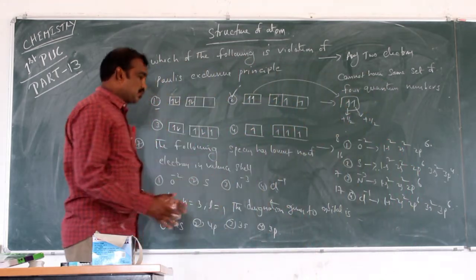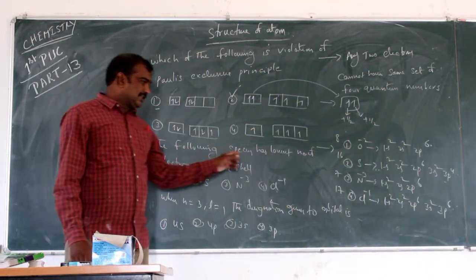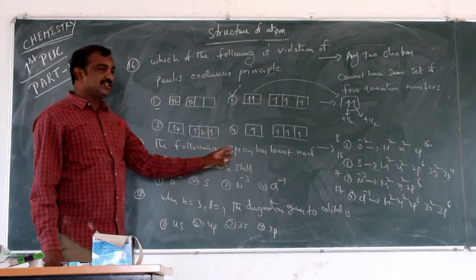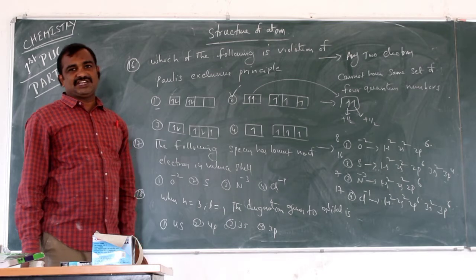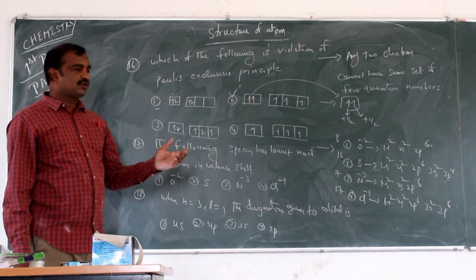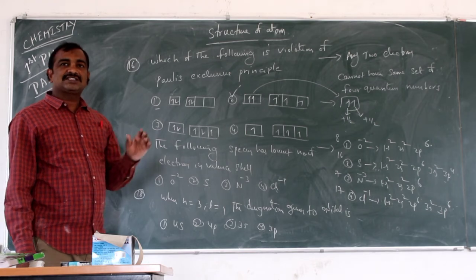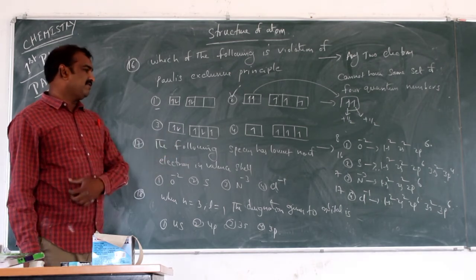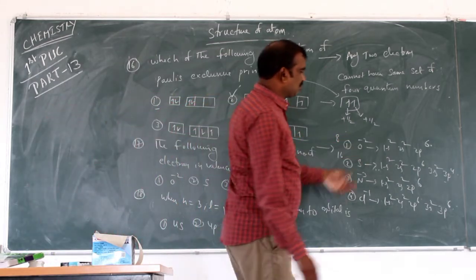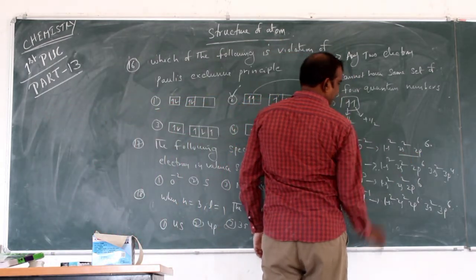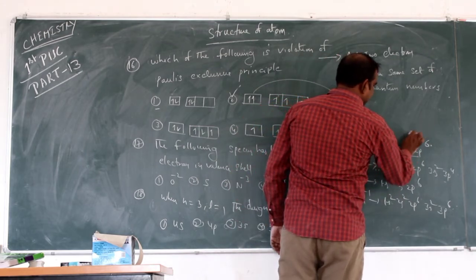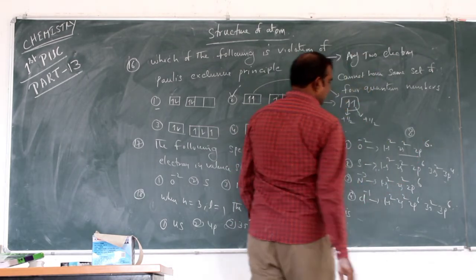Now the question is, which species has the lowest number of electrons in the valence shell. The valence shell means the outermost shell. For oxygen, how many electrons are there? 8.